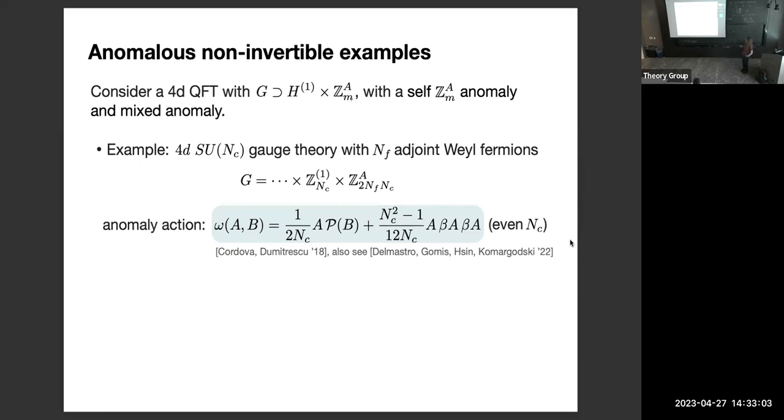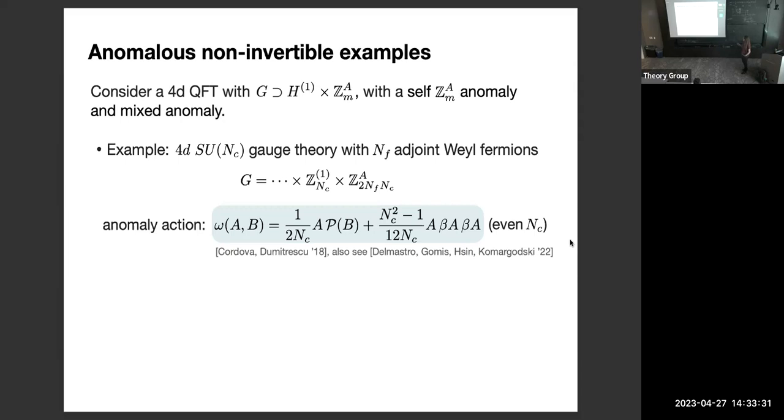By adjoint QCD, I mean 4D SU(N) gauge theory with some number of adjoint Weyl fermions. I have a Z_N one-form center symmetry, and I have a Z_{2N_f N} zero-form symmetry, which is the remnant of the U(1) axial symmetry after the ABJ anomaly.